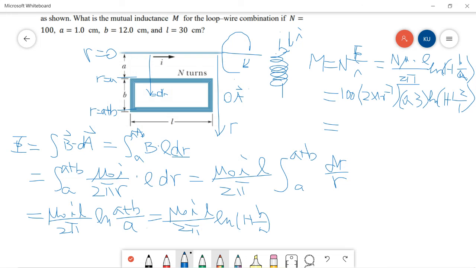And then finally, we will get the mutual inductance is actually 15.4 microhenry.